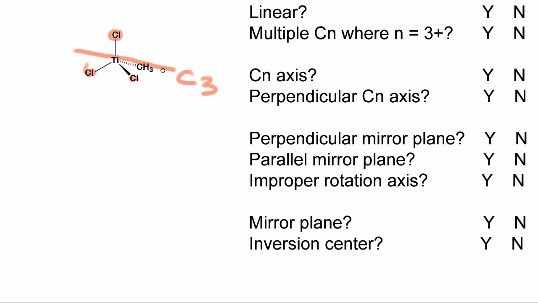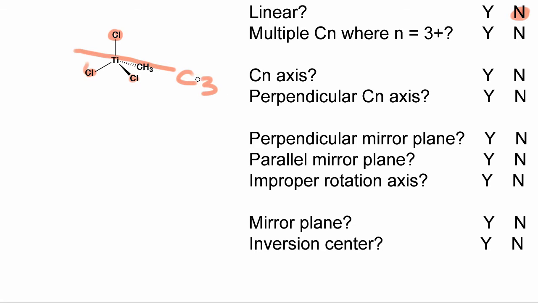And so going through the flowchart to identify what the correct point group is, the first thing we can do is rule out that it's a linear molecule. So this is going to be a no. Do we have multiple Cn axes where n is equal to 3 or higher?